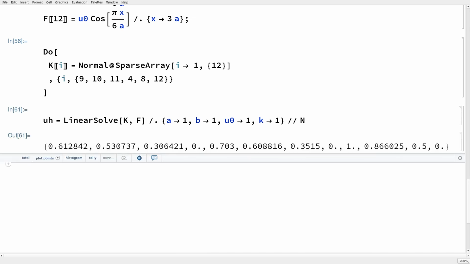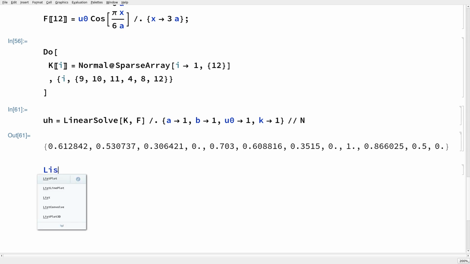All right, so those are the nodal solution. Let's see if we can make a plot of this solution. So I'm going to use this list contour plot.